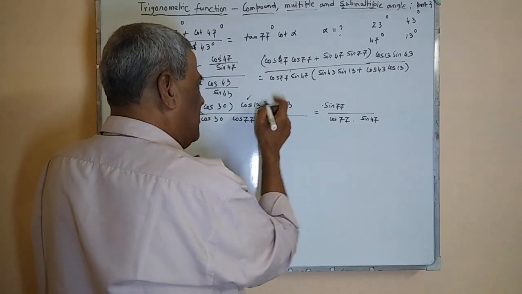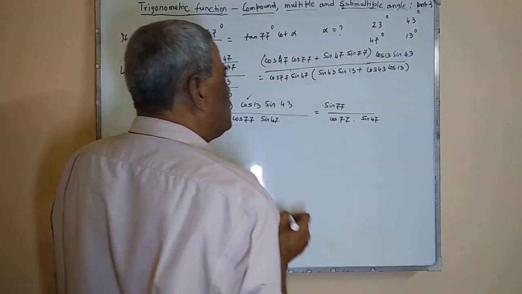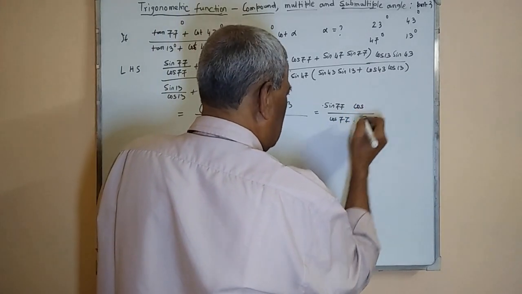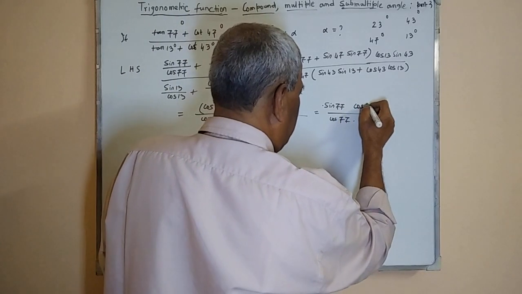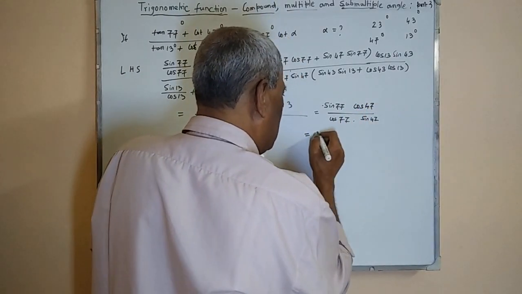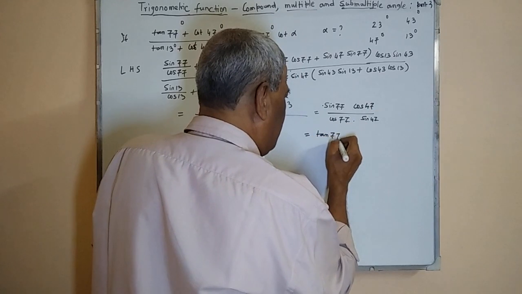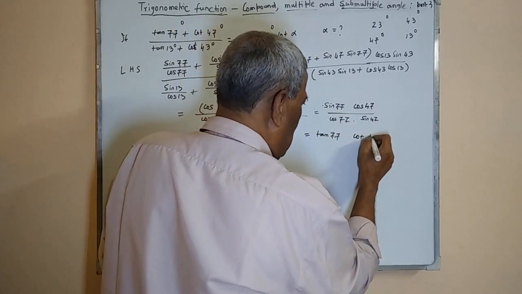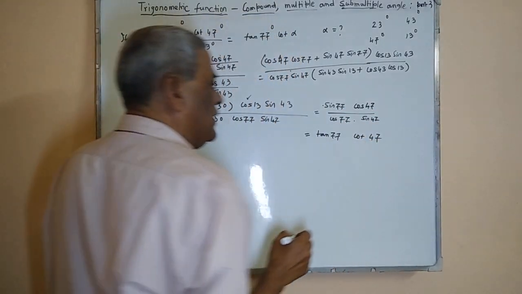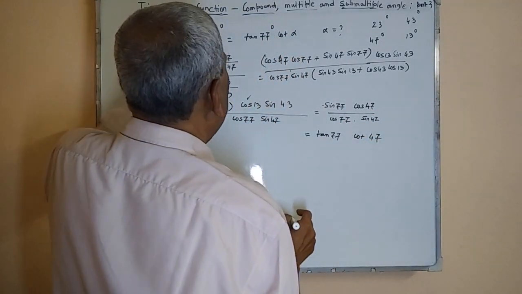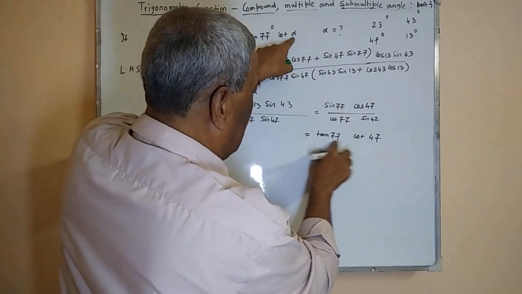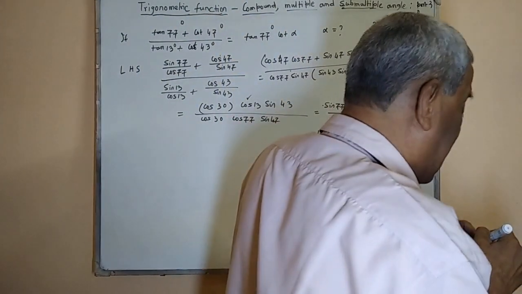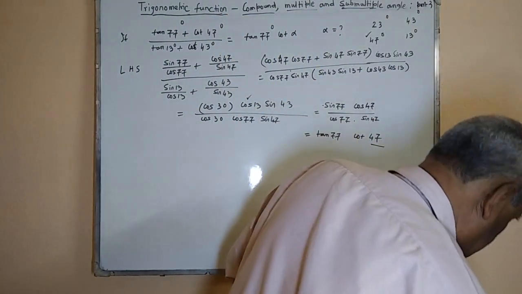This is sine. Now sine 43 is your cos 47. So it is equal to tan 77, this by that, and this by that is cot 47. So our answer is, this is equal to tan 77 into cot alpha. So alpha must be 47. So that option is correct, option C is correct.